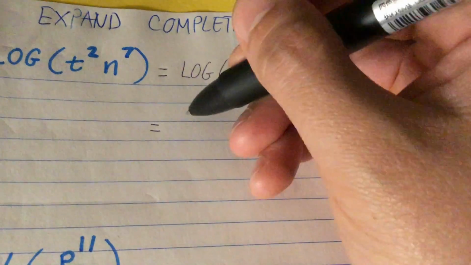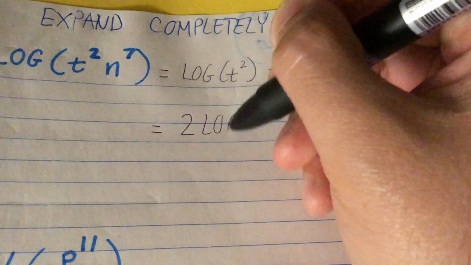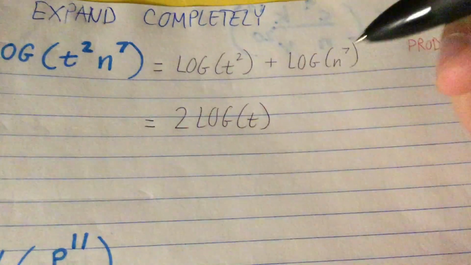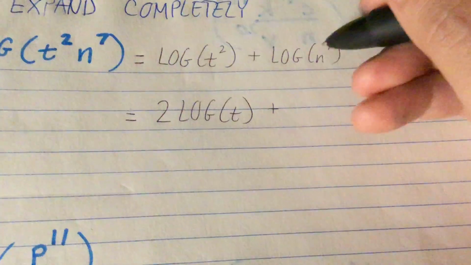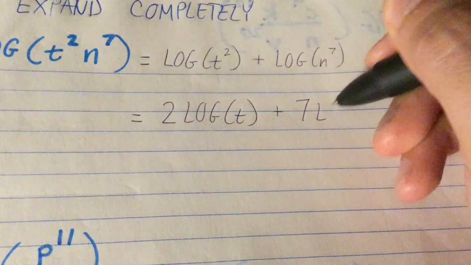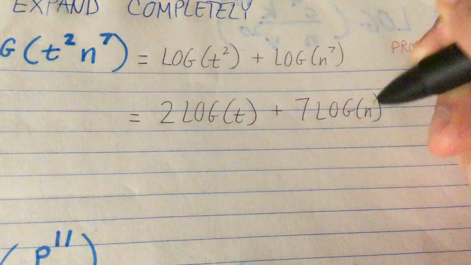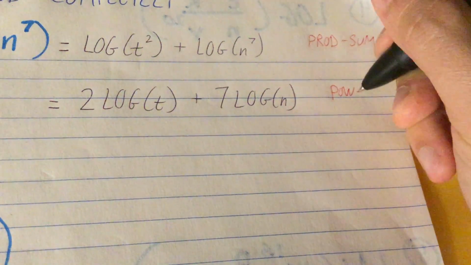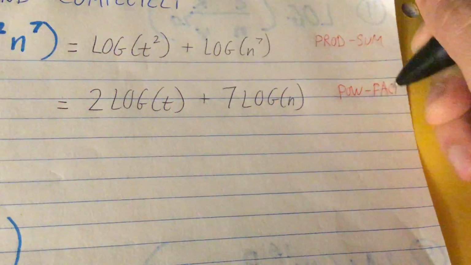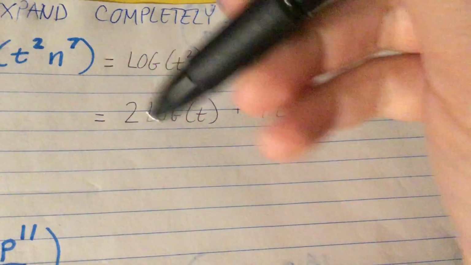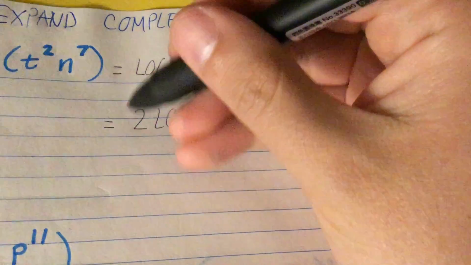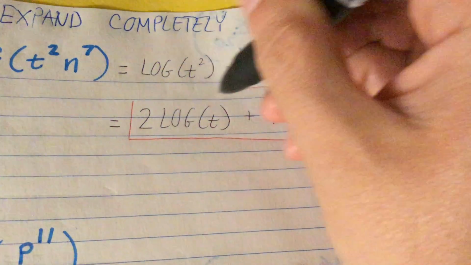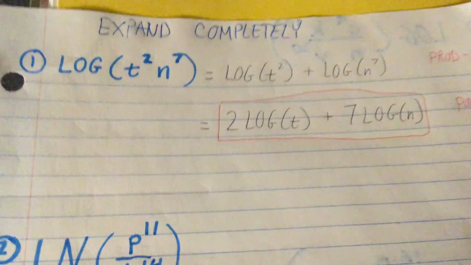So now I've got 2 log of t plus 7 log of n, and the reason why that works is because of the power factor rule. The power becomes a factor, and looks like this is pretty expanded. That looks as good as it's going to get.